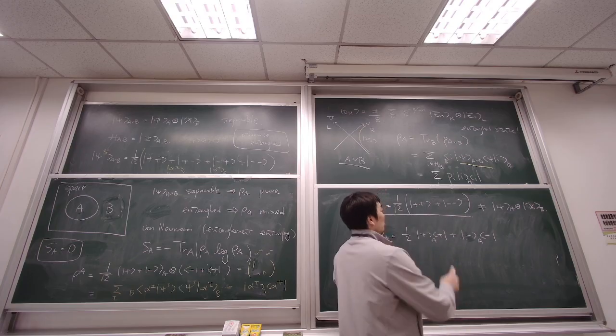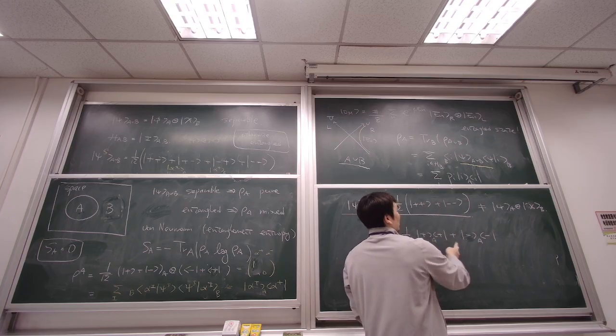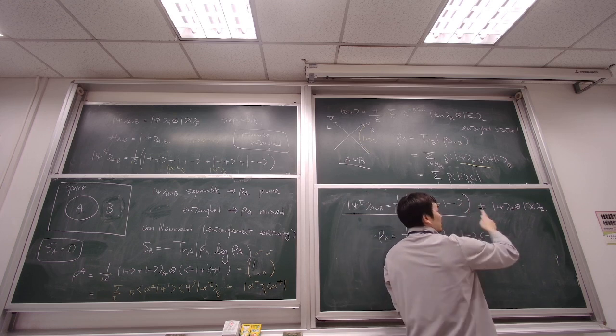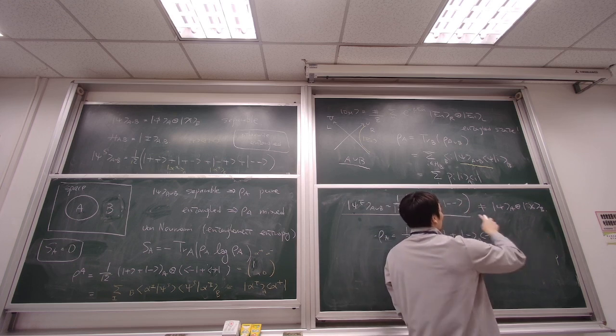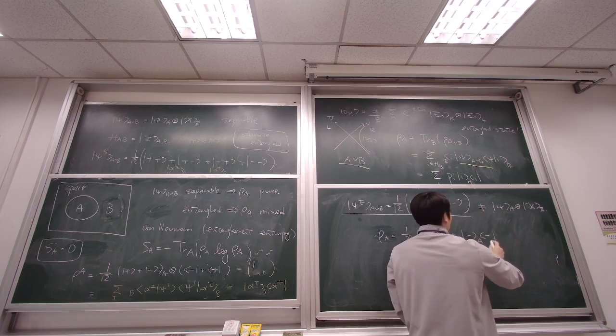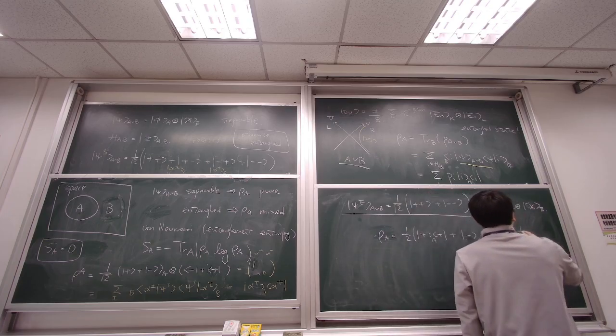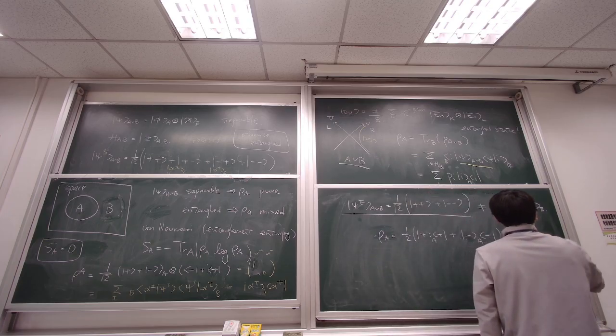So therefore, if you sum over plus in the B system, you get this state. If you take a contraction with the minus B system, you get this one. Okay? So therefore, as a matrix, it can be written like 1/2, 0, 0, 1/2.